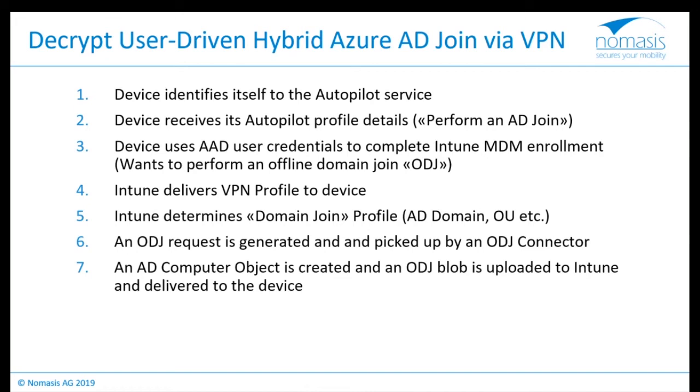And on the next MDM sync, you have to imagine the device is already enrolled in Intune. On the next MDM sync, the device receives this confirmation, reboots, and establishes the VPN to the corporate network. Before the computer object is generated in the on-premise Active Directory, it makes no sense that the device already connects to this on-premise Active Directory.